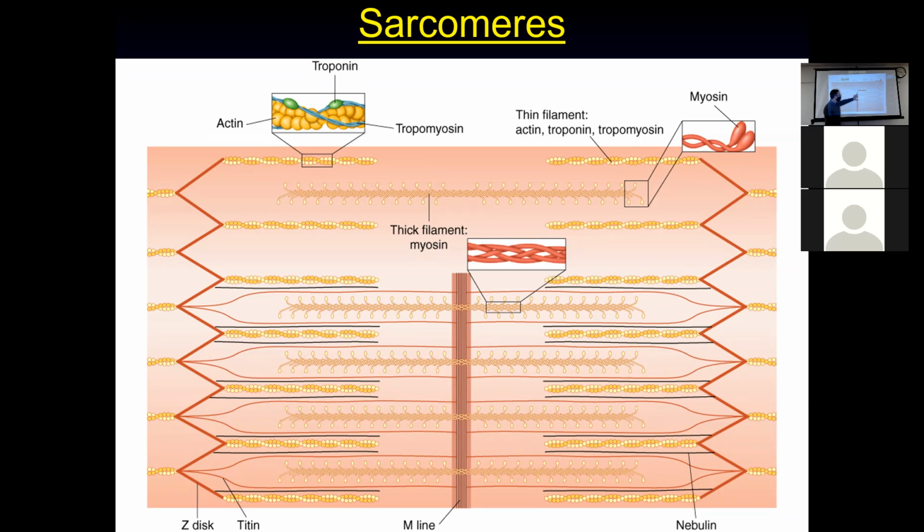The only important thing to know about the M line is that on either side of it, the myosin are going to pull in opposite directions. Myosin molecules pull, as they change their shape, in towards the M line in every sarcomere. The ones on the left pull from left to right and try to slide the actin filaments in towards the M line.